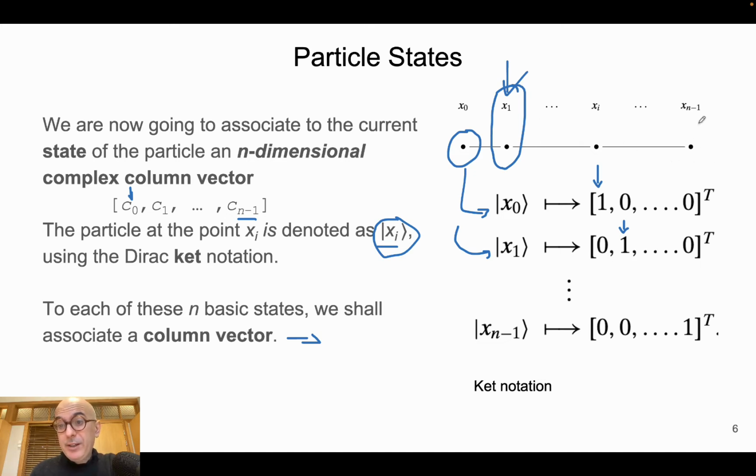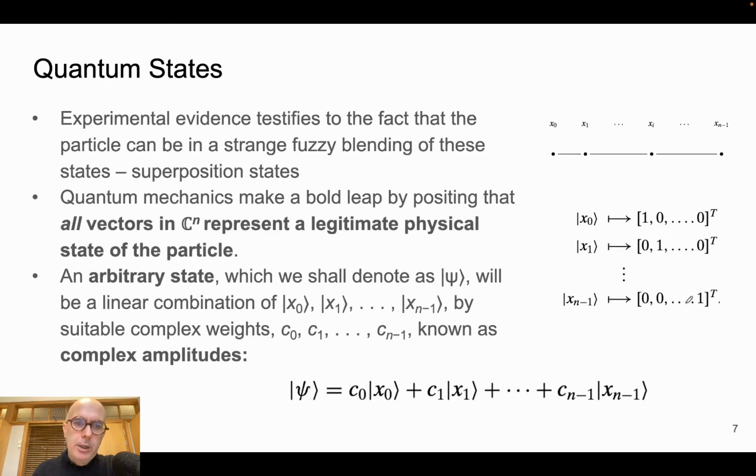If we have the particle in the last position of our one-dimensional system, then the state of our quantum system can be expressed by a ket vector where we have a 1 in the last element of our column vector.